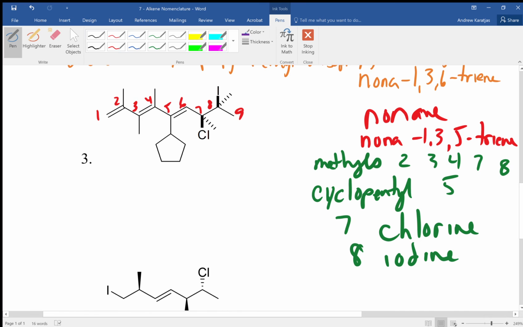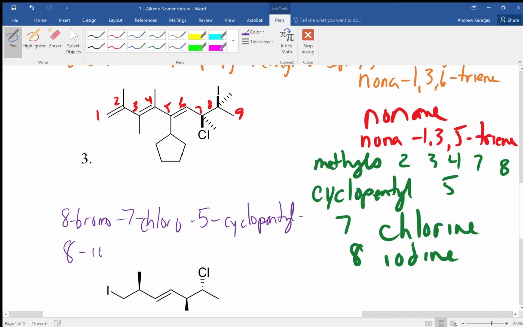So what comes first? 8-bromo, then 7-chloro, followed by 5-cyclopentyl, 8-iodo, and then all those methyls.